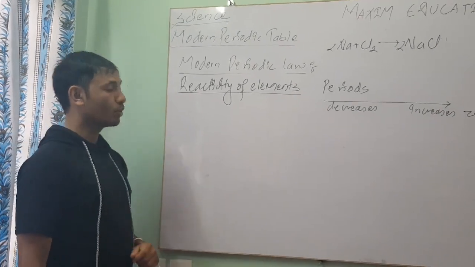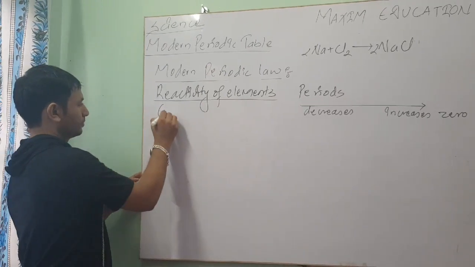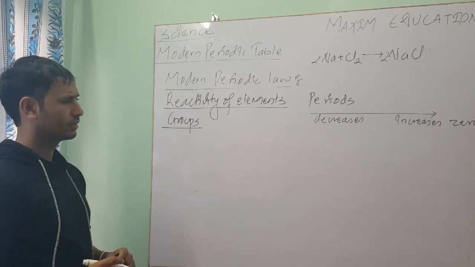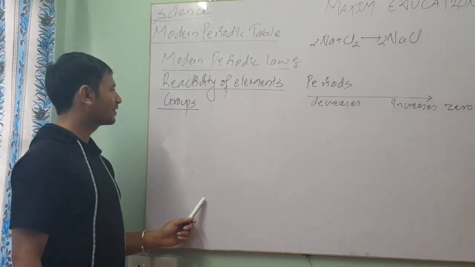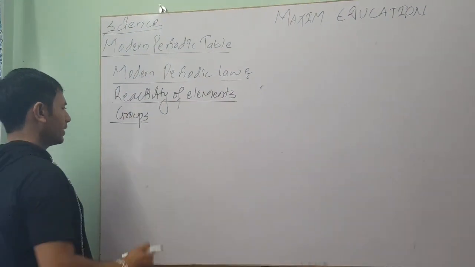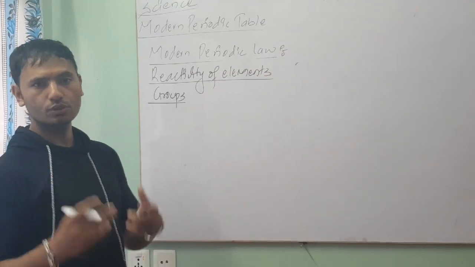Now in groups, you need to know certain things about groups. Groups are the columns, and due to which the elements have a difference in their atomic size due to their difference in atomic number.